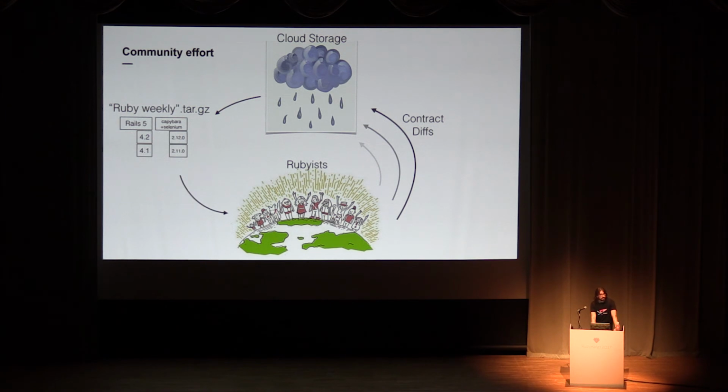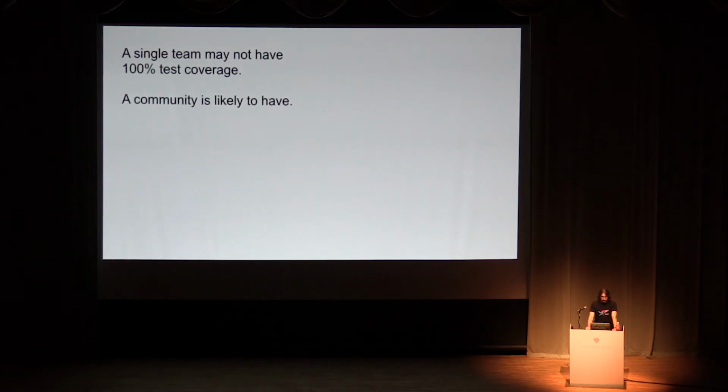And also, if there is a new gem or new gem version, or if there are any changes, nobody needs to annotate the newly created methods. Nobody needs to modify the type annotations in the code because they are generated automatically. So I think that's cool. And I would like to emphasize once more that by merging our data, we're effectively merging our tests and merging our coverage. So we improve the capabilities of static analysis based on that data.